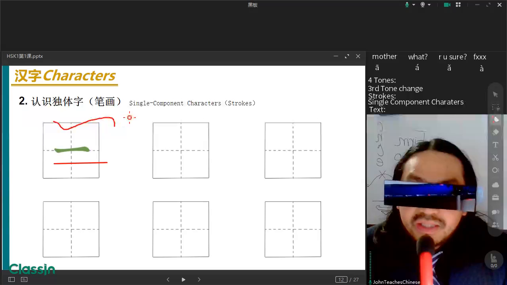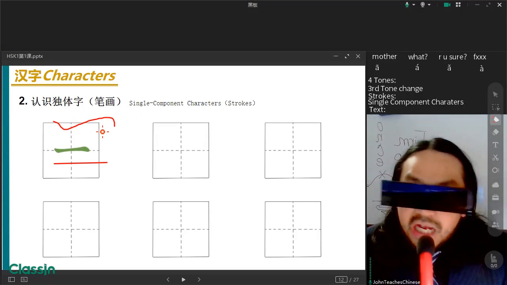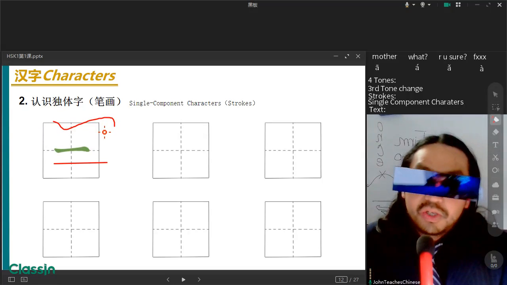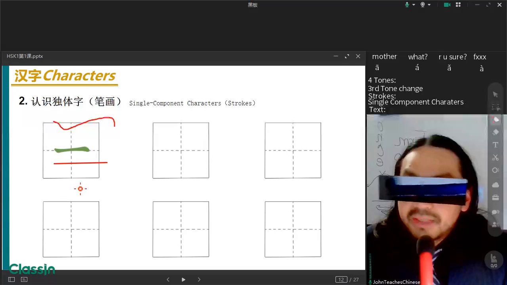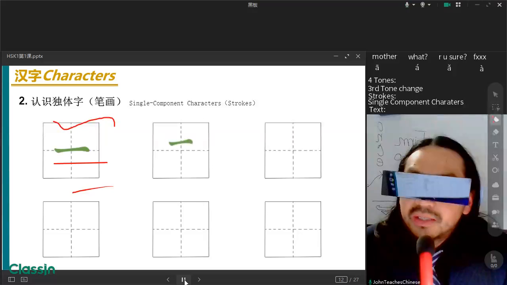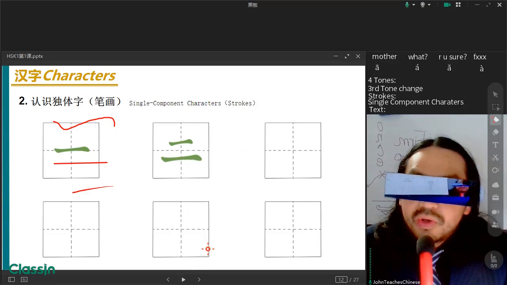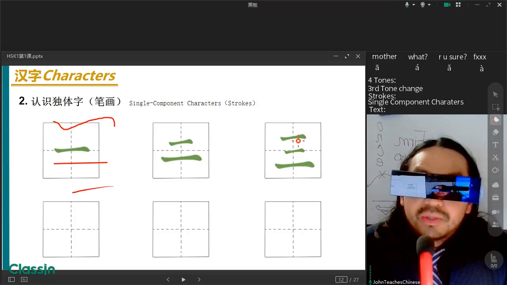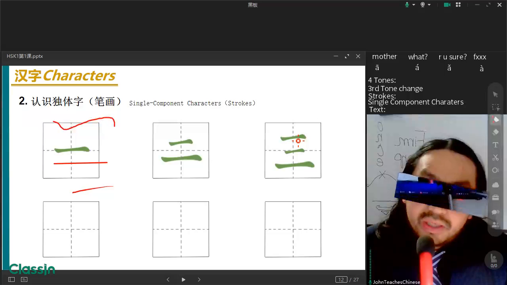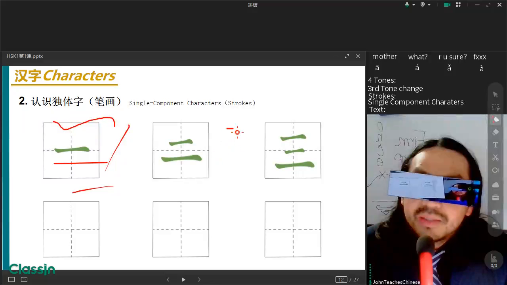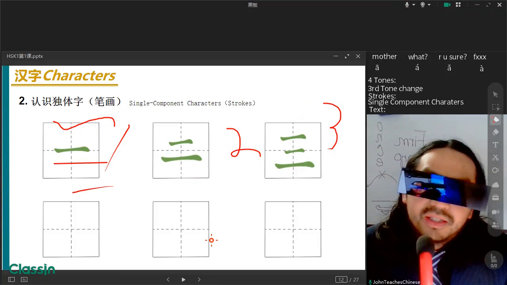I write it in this way because I'm showing how you should write it with the traditional Chinese brush pen. But if you are holding a pencil, you just need to write it in this way. Two horizontals. Do you have any idea what the meaning is? This means one. This means two. This means three. Very easy.